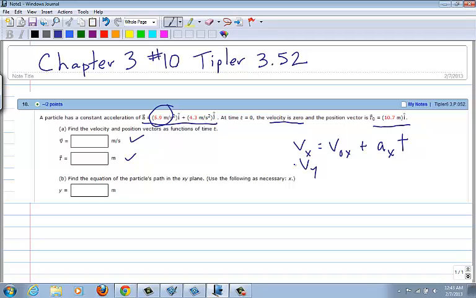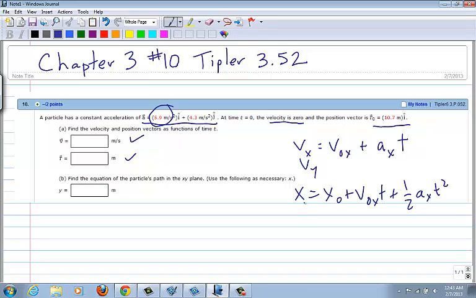Do the same thing for position vector. There you're going to use your constant acceleration equations in the x and the y. So you have x equals x0 plus v0x t plus 1/2 ax t squared.